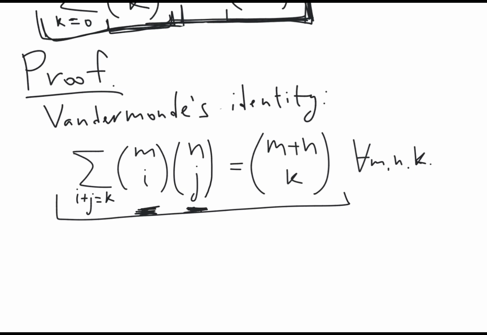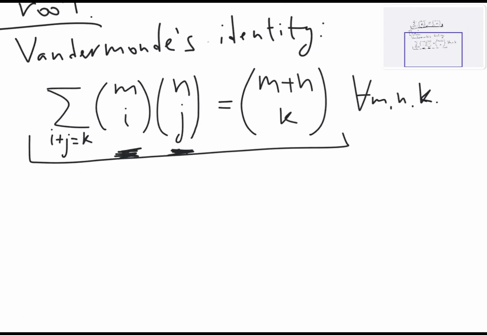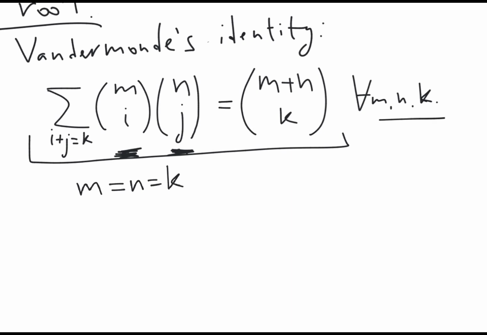It turns out that it's possible to do. So we select m equal to n and equal to k. All three of these parameters we select equal to each other. Let's use the variable n for all three of them.